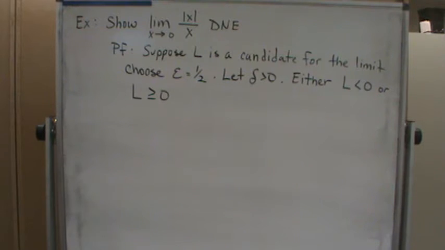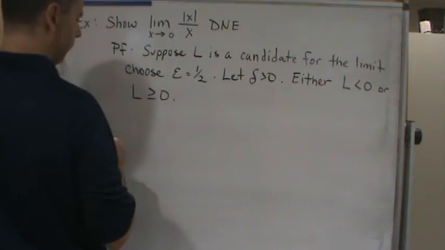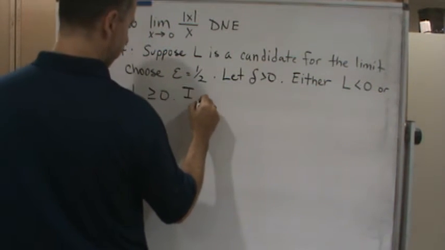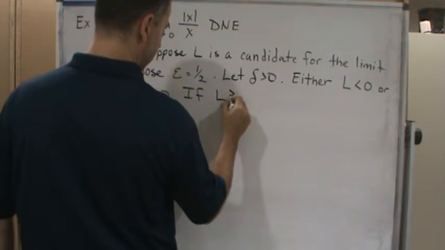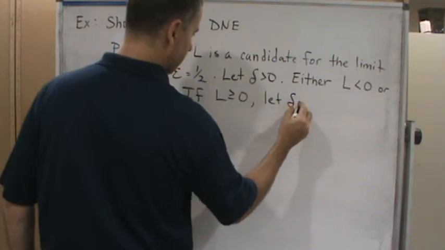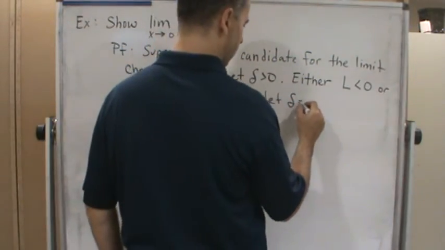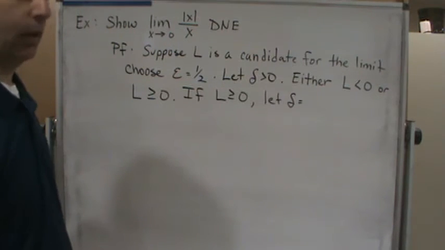Okay, so now we're going to take each of these separately and see what we get. If L is greater than or equal to 0, now here's where we're going to define delta.